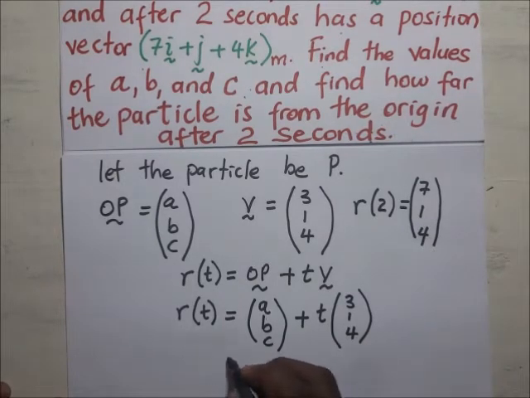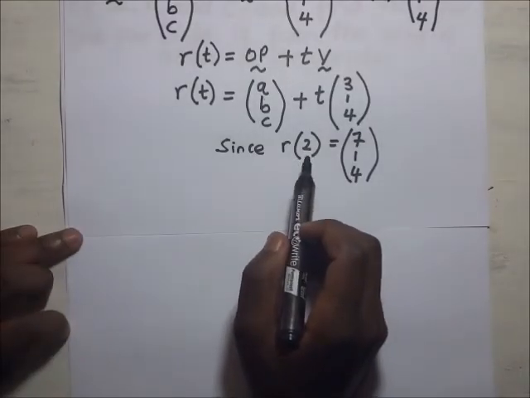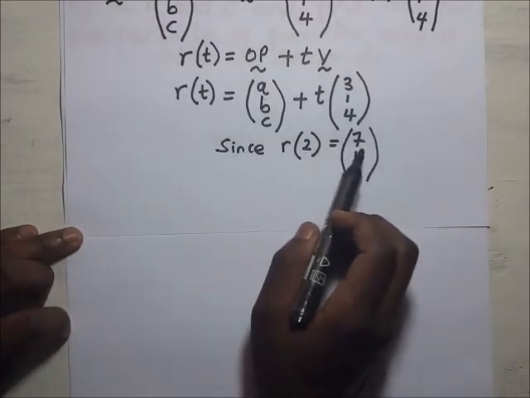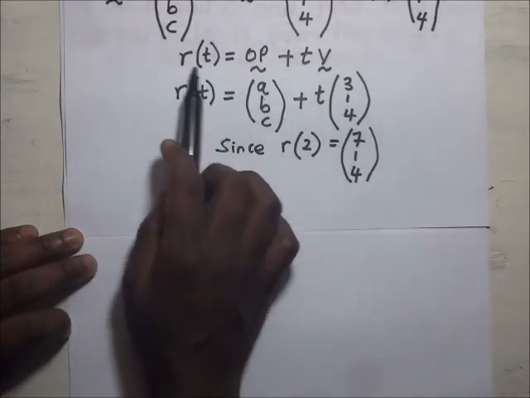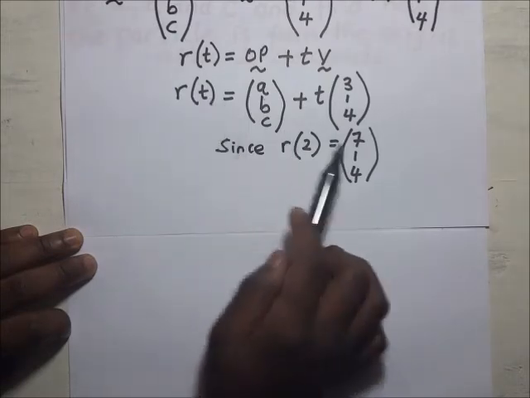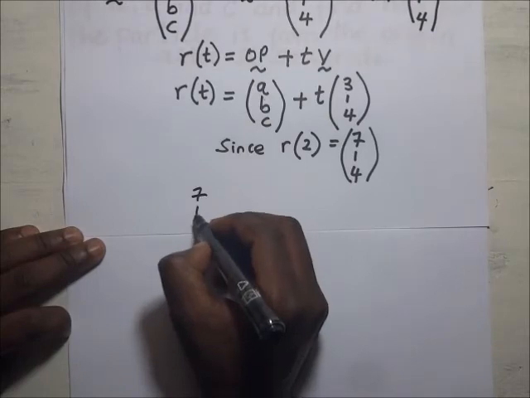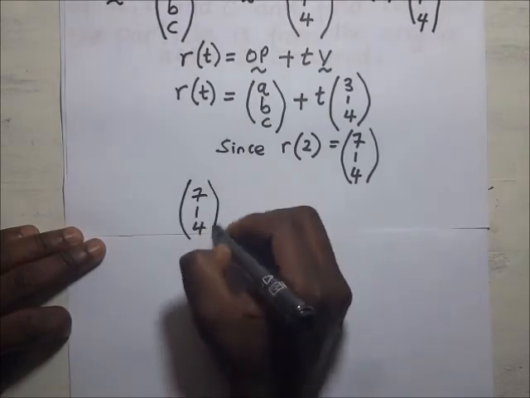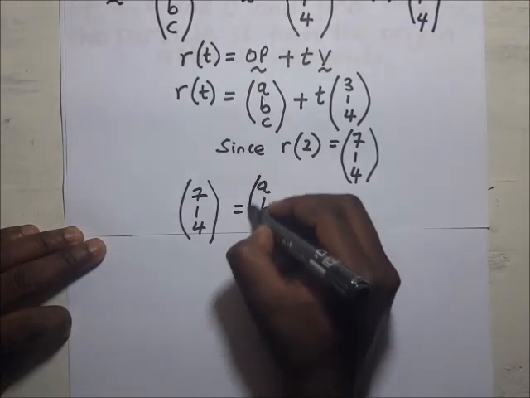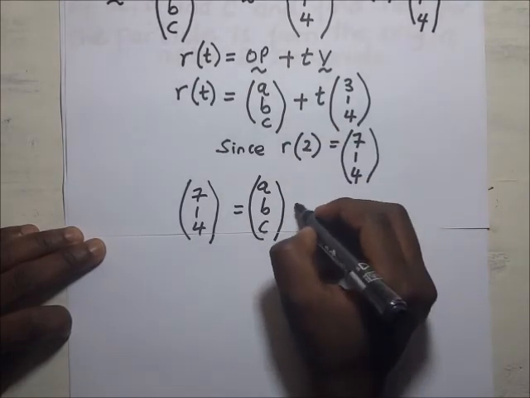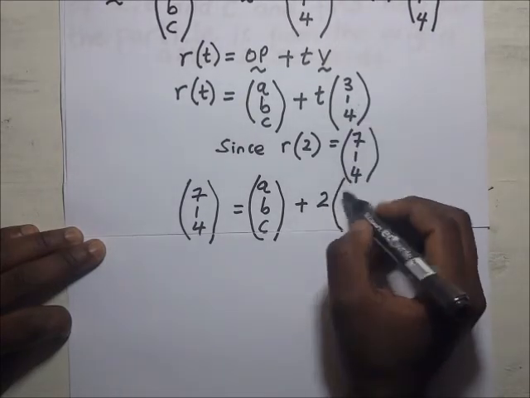So we substitute: when t is 2, the position vector is 7, 1, 4, so 7, 1, 4 is equal to A, B, C plus t, our value of t is 2, times 3, 1, 4.